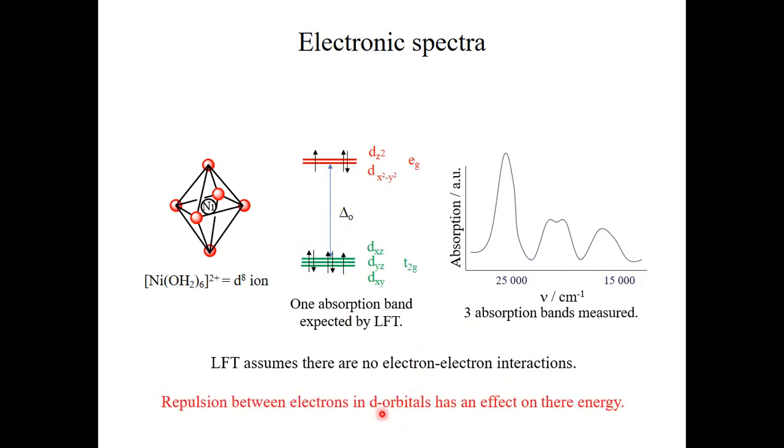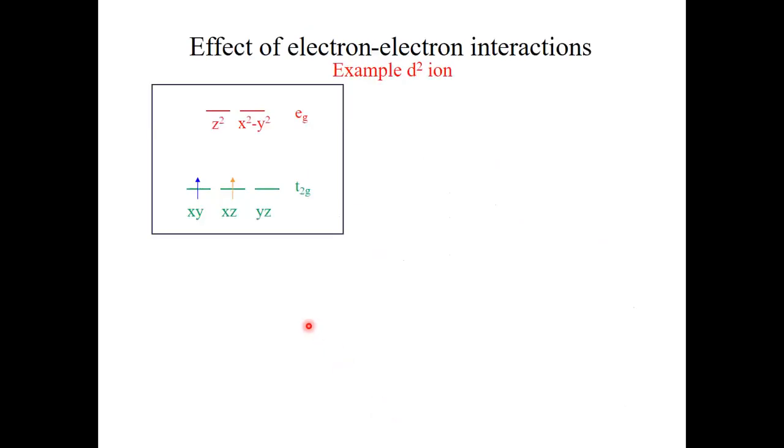So now let us first understand why these interactions are actually different for what are called different microstates. You see here one possible microstate in which we have one electron, for instance, in the dxy and the other electron in the dxz orbital.